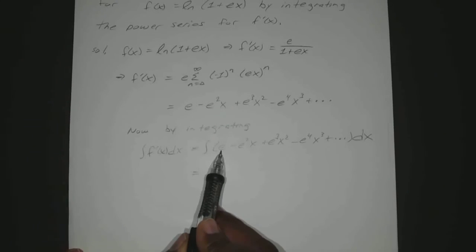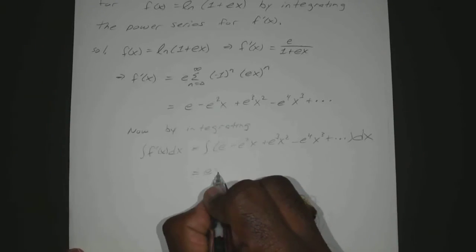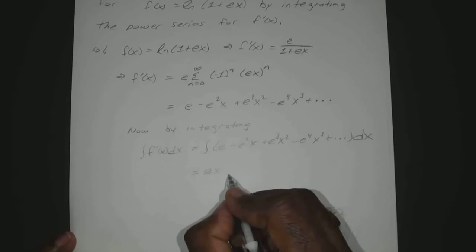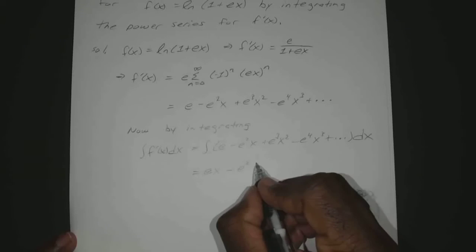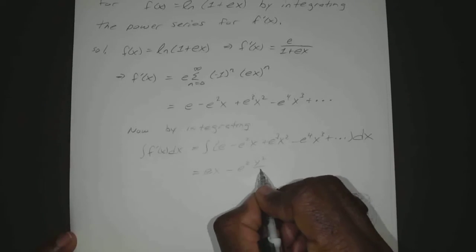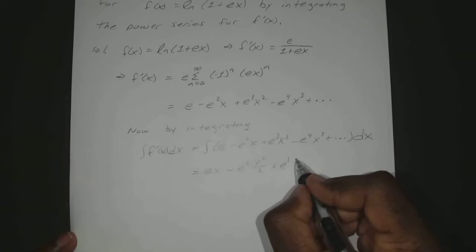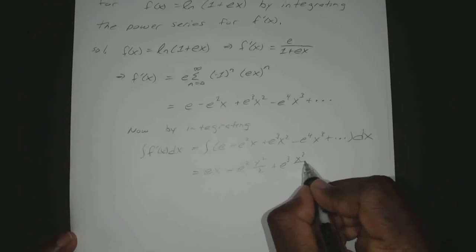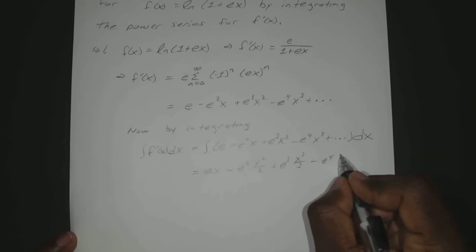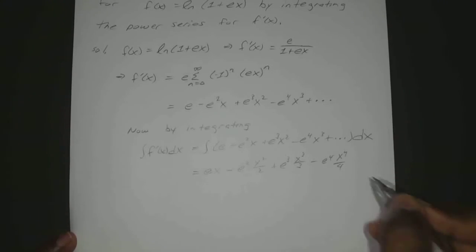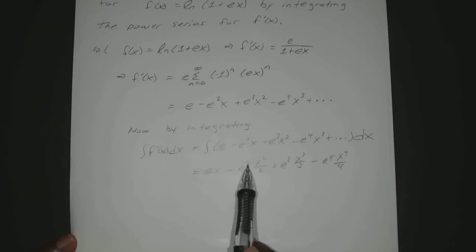Okay, so the integral of e, that's just e times x, minus e squared times x squared over 2, plus e to the third times x to the third over 3, minus e to the fourth times x to the fourth over 4. Okay. So you can see we can really combine those numerators.